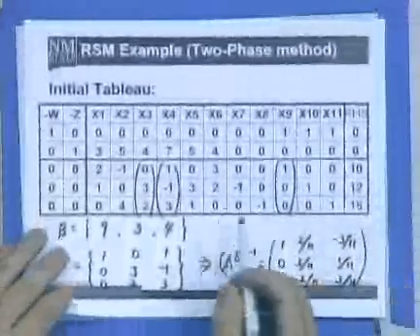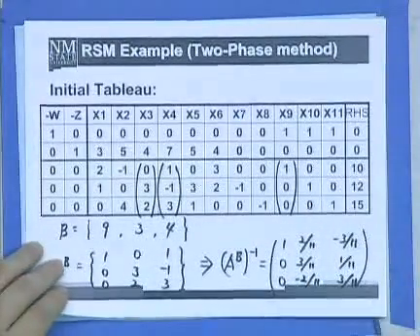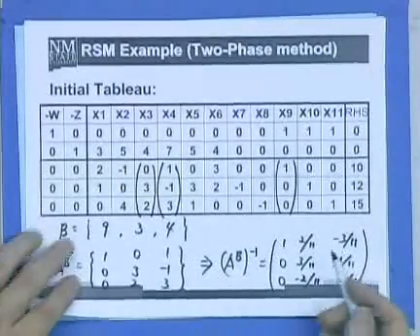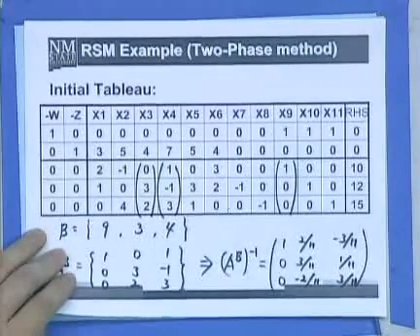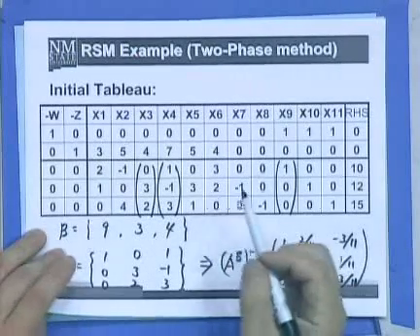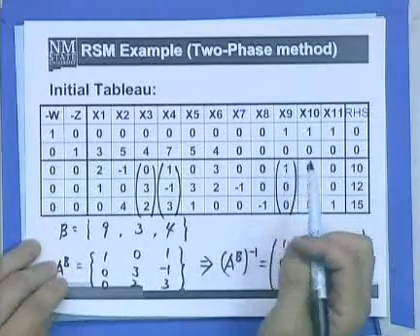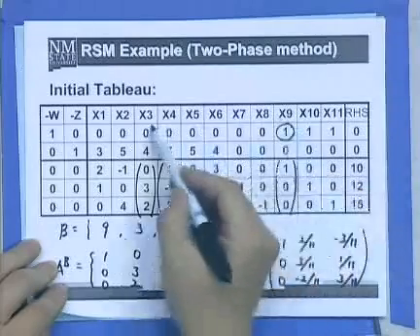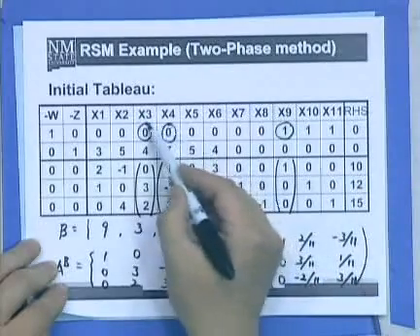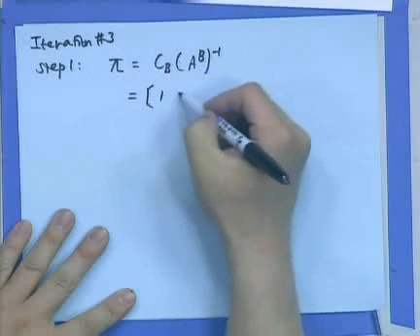What is the value of CB? What is the objective coefficient vector corresponding to the current basis set? It is 1, 0, 0, right? 1, 0, 0.